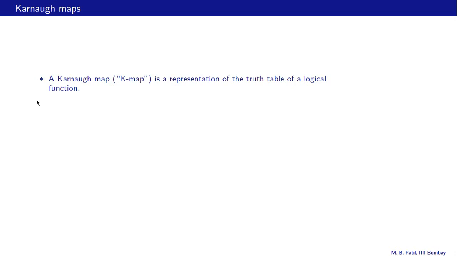We will now discuss minimization of logical functions, and a good way to do that is to use a Karnaugh map, or simply called the K map. What is a K map? It is a representation of the truth table of a logical function, and we will see several examples of a K map.